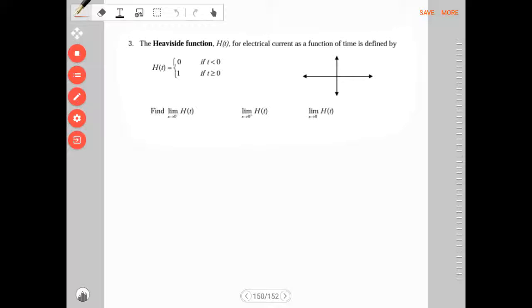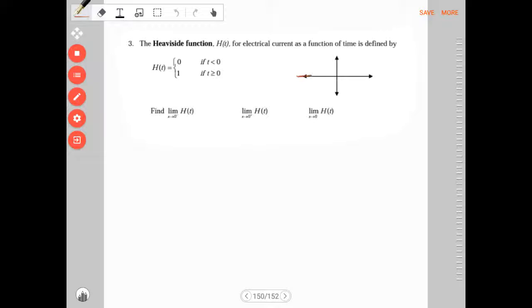Moving on. Example 3, this is called the Heaviside function. It is a function for electrical current as a function of time, and it's defined as h of t is 0 if t is less than 0, or 1 if t is bigger than or equal to 0. Remember h of t is just y, so y is 0 if t is less than 0.